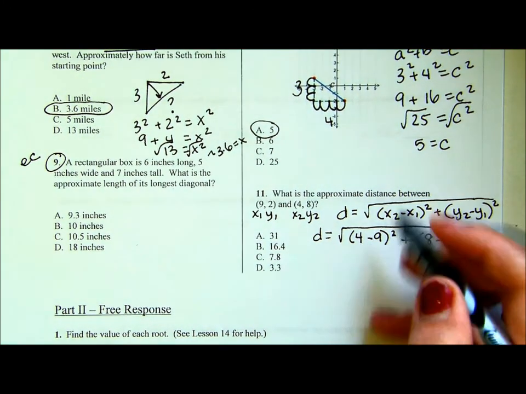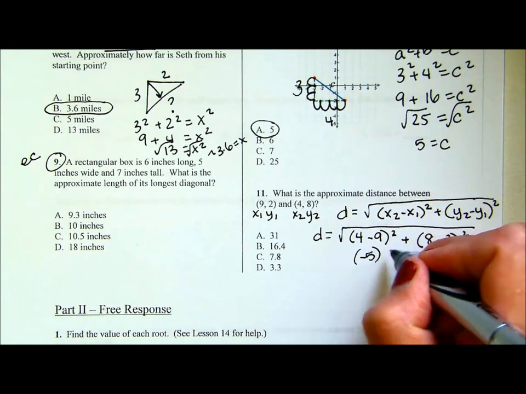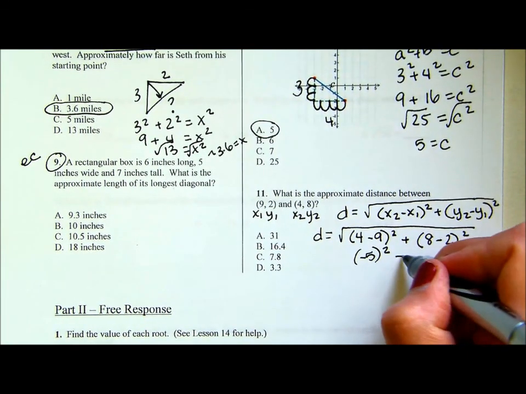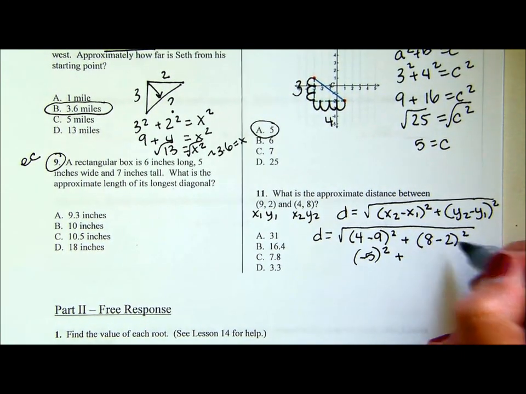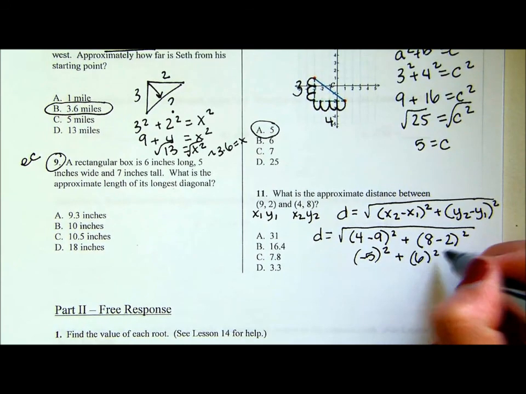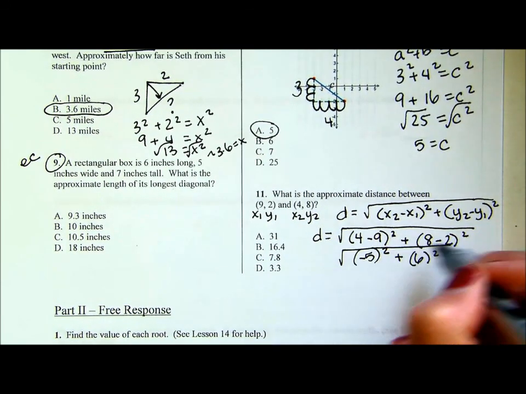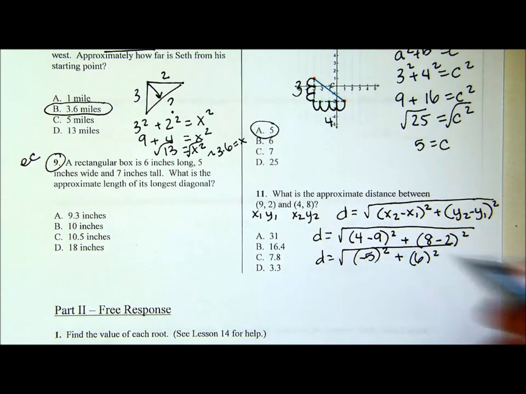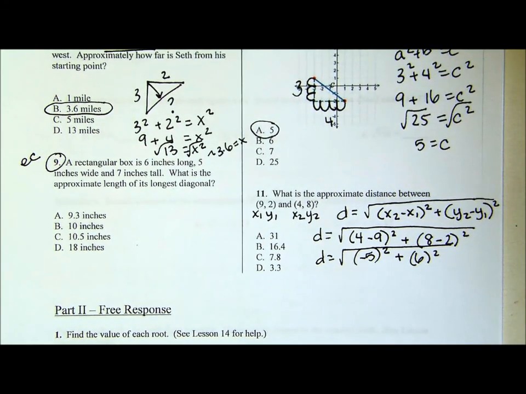Now 4 minus 9, that's going to give me negative 5. I'm going to keep that in parentheses squared, plus 8 minus 2, which is 6. And once again, we're also going to keep that in parentheses squared. And we get D equals the square root of negative 5 squared in parentheses plus 6 parentheses squared. Let's solve it.